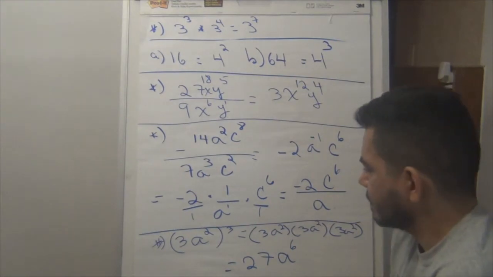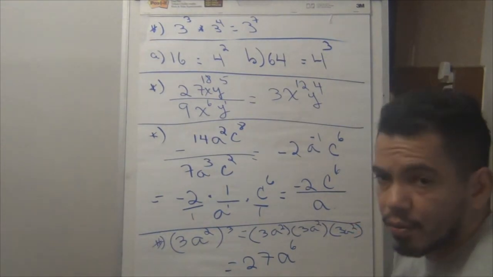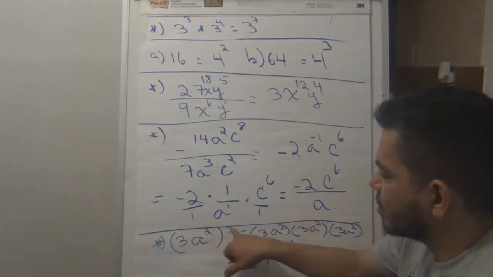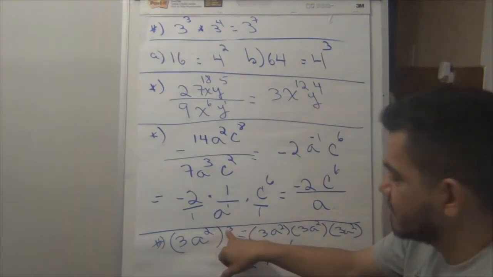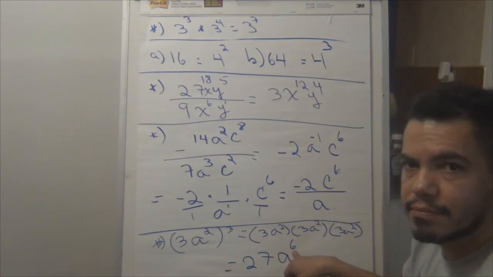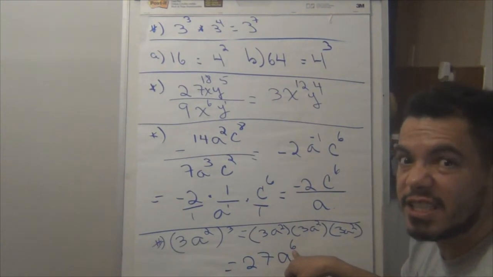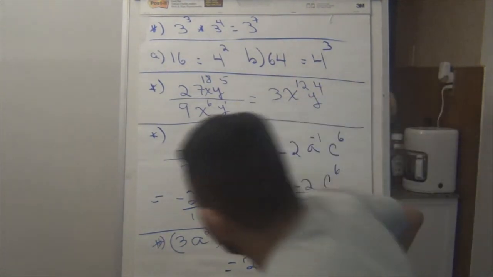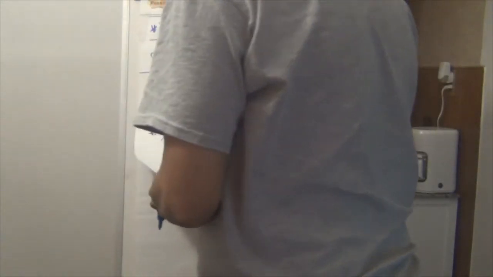Got it? Or I could have just done the following. 3 to the third power is 27. A to the second to the third, well, 2 times 3 is 6. Nice. Alright, so basically that's what you have. Let's move on to the next problem.